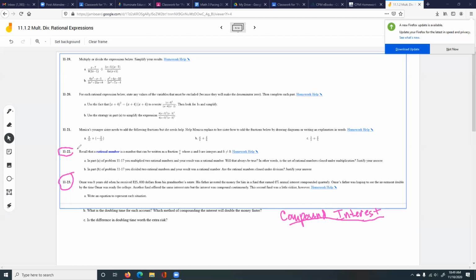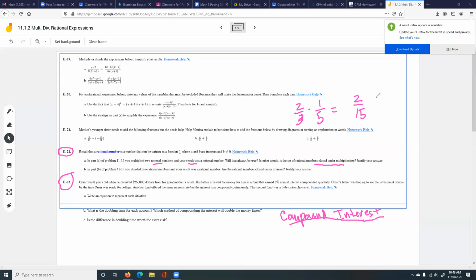For 22, I did want to explain what it means for something to be closed under multiplication. So this is saying, hey, if you multiply a rational number by a rational number, like, I don't know, 2/3 times 1/5, what are you going to get? You're going to get a rational number. A rational number is just a fraction. If you multiply a fraction times a fraction, are you going to get a fraction?